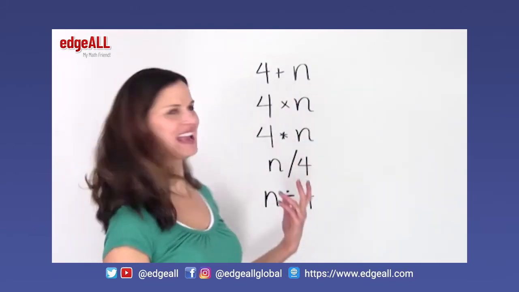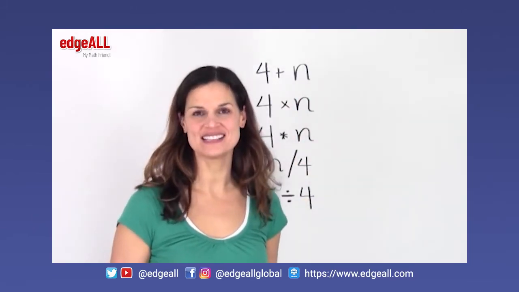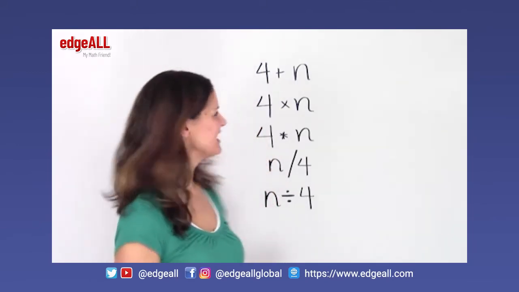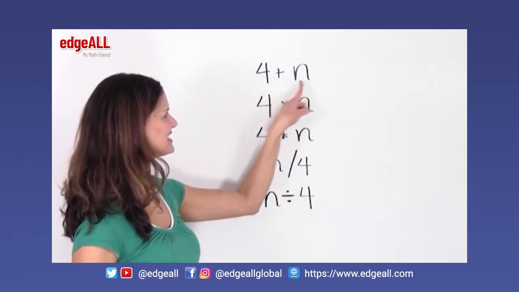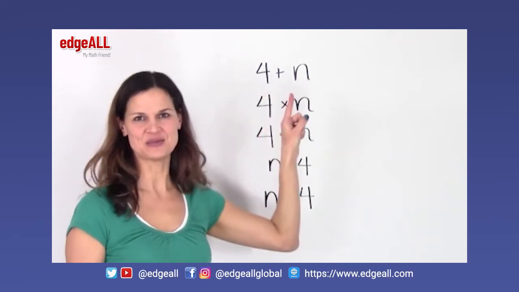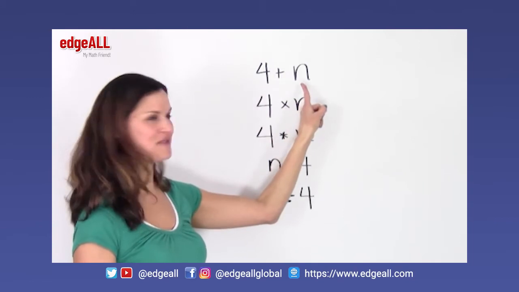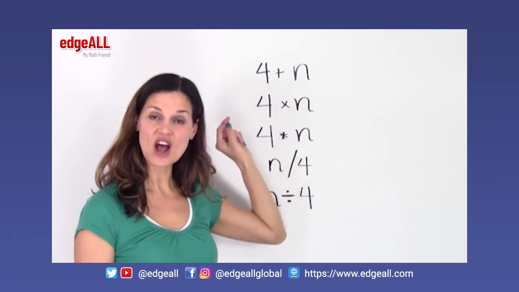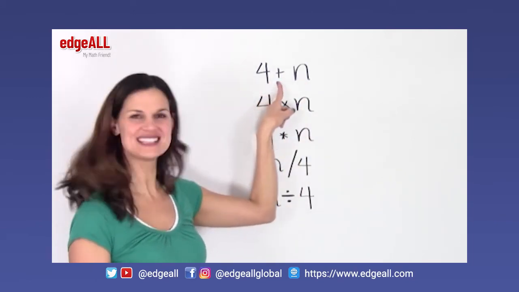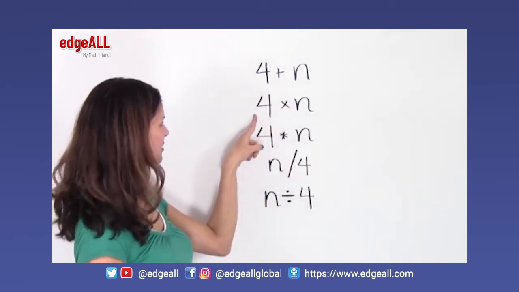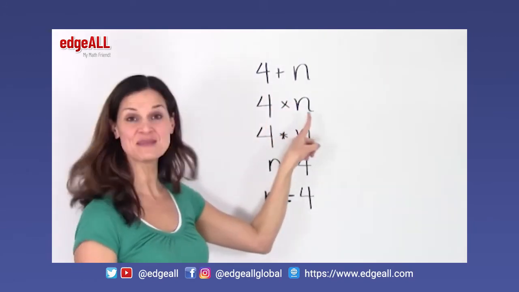On the board behind me here, I have a few more examples of simple algebraic expressions. This first one here, 4 plus n, is a simple algebraic expression because it has a number, it has a variable n, and it has an operator, which is this plus sign here, which tells me to do addition. This second one is 4 times n.